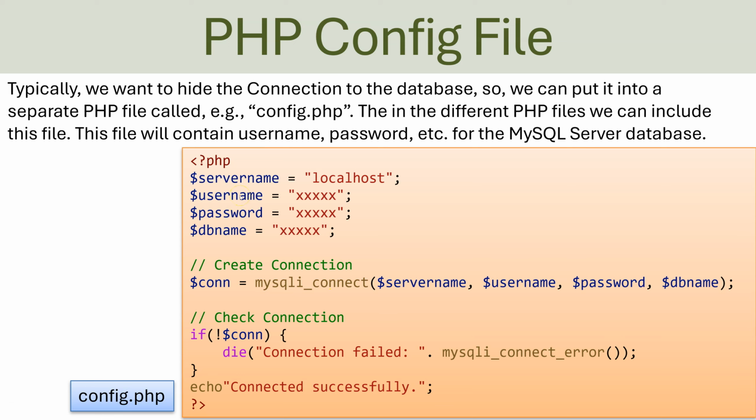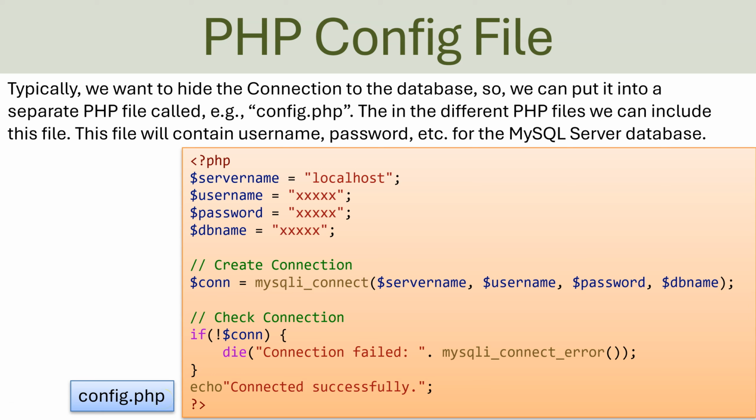So in all these files we need to connect to the database, and instead of copying that code into multiple PHP files, we just create a separate file called config.php or something, or you can call it database.php, where we put in the code for connecting to the database, and then we can just reuse that code by including this config.php file on top of our different PHP files.